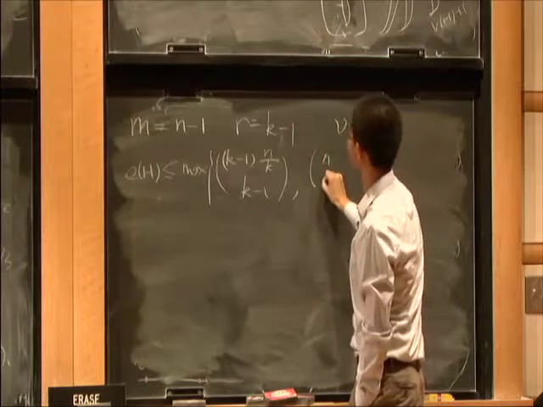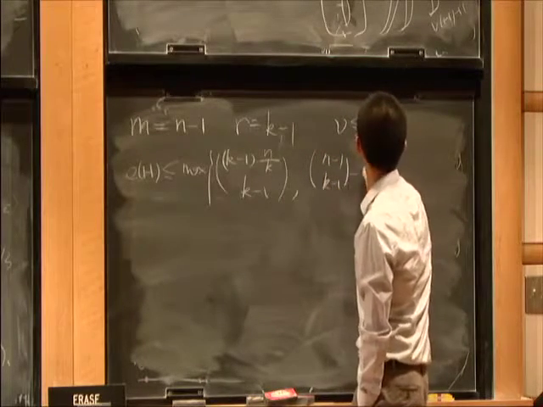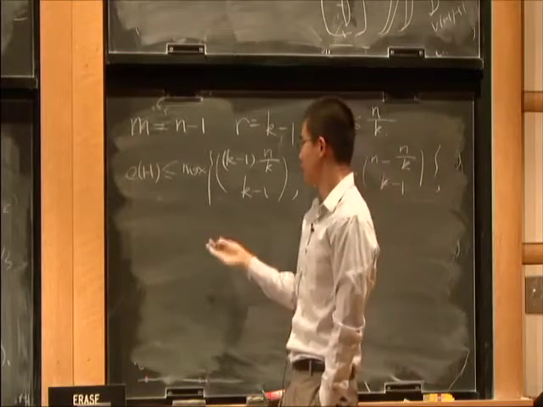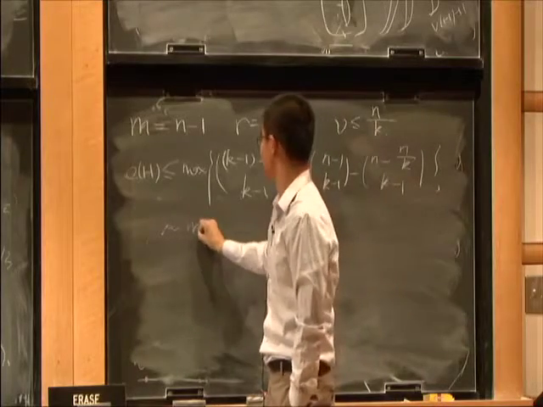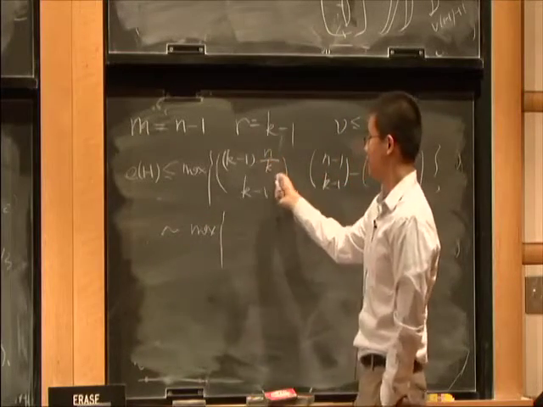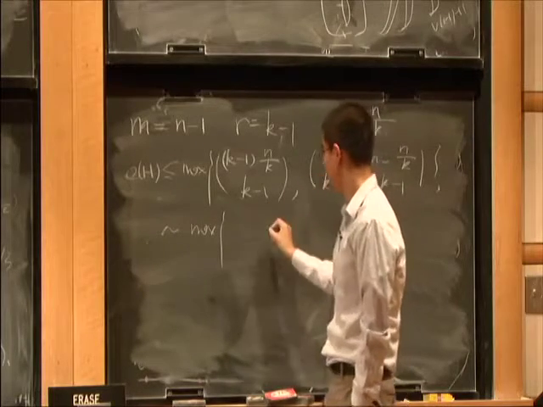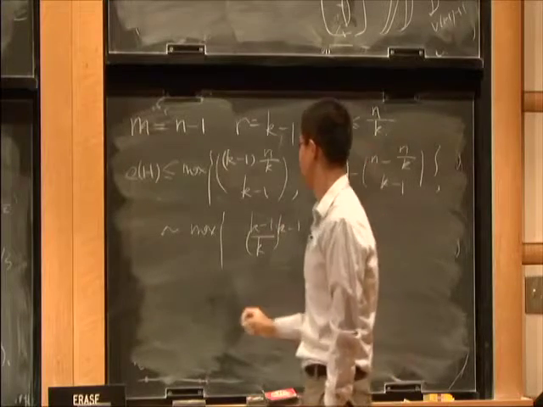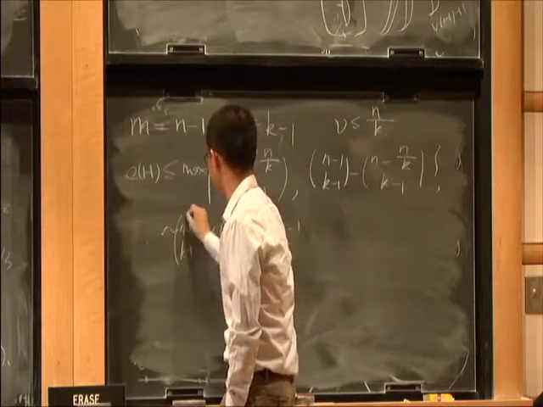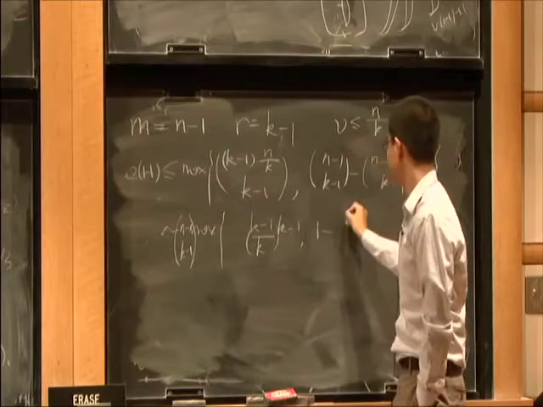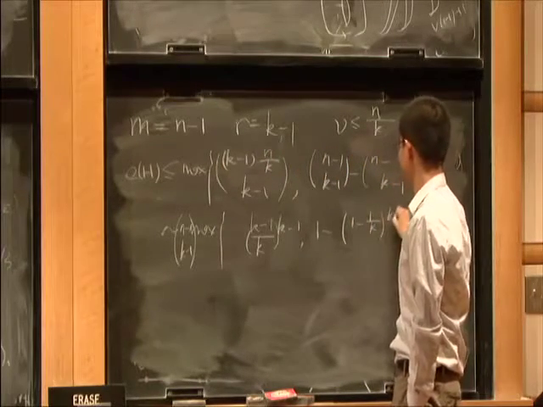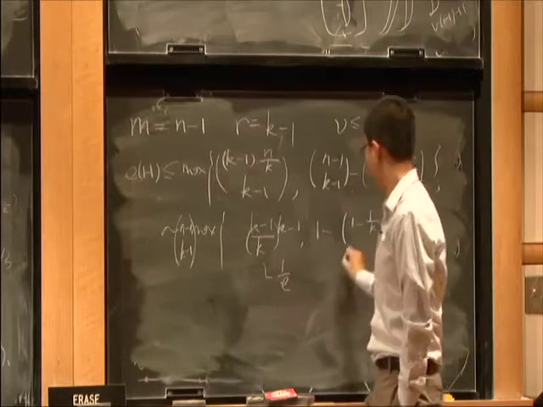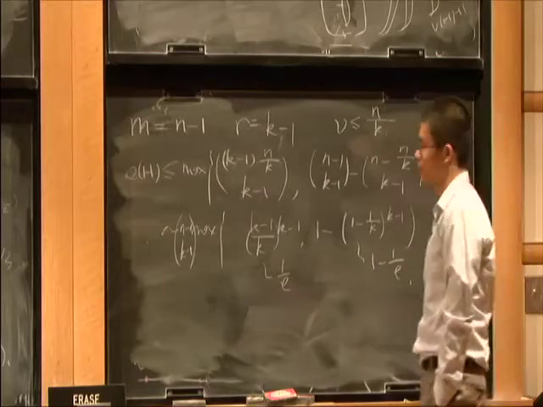Here you have n minus 1 choose k minus 1 minus this number. If I only look at the asymptotics, this is like the maximum of this number, which is k minus 1 divided by k to the power of k minus 1. So here n minus 1 choose k minus 1 times this. And here this one is just 1 minus this. When k is really large, this is like 1 over e, and this is like 1 minus 1 over e.